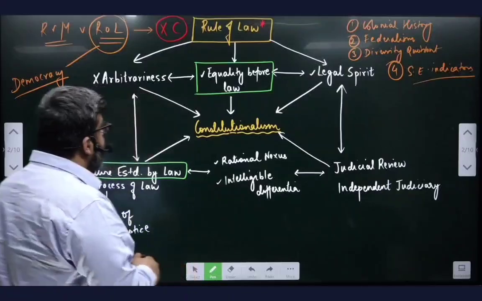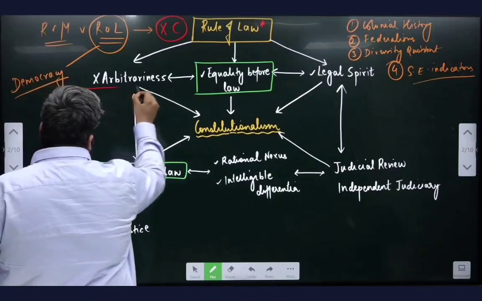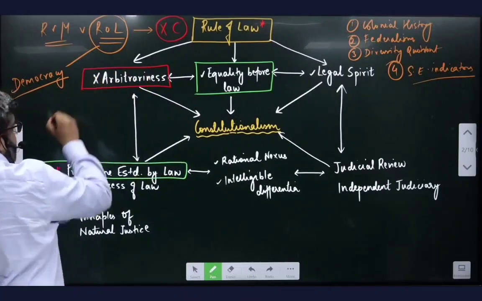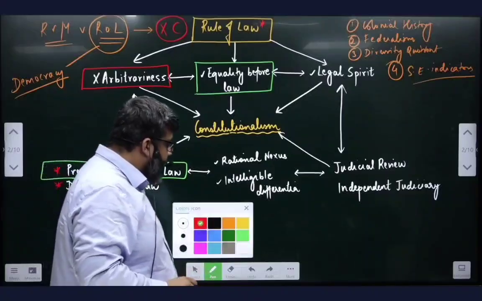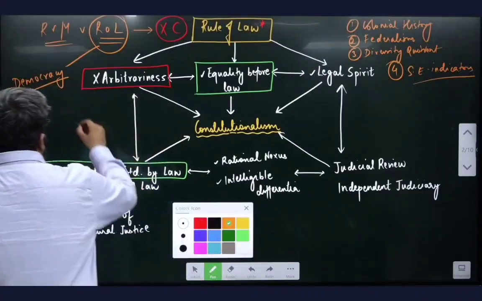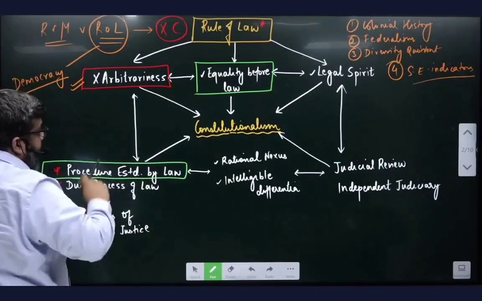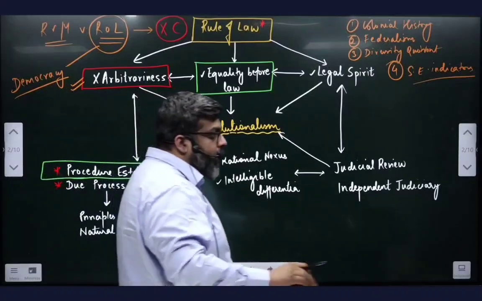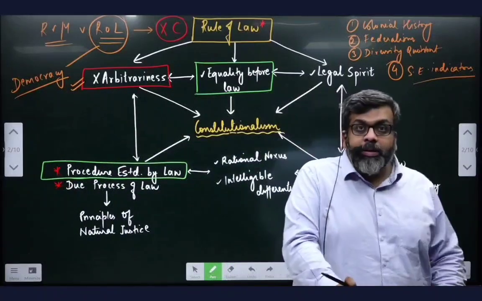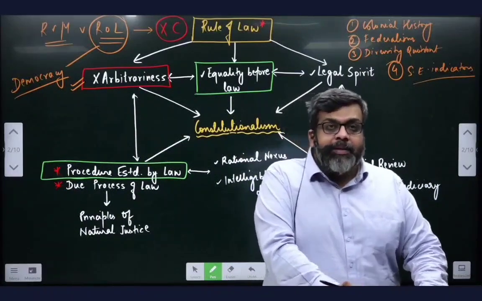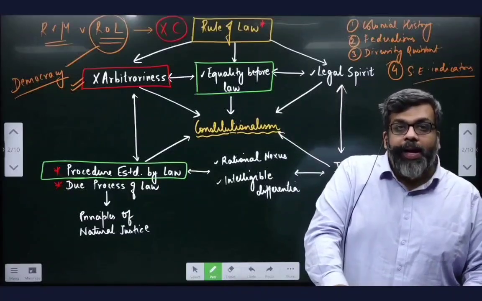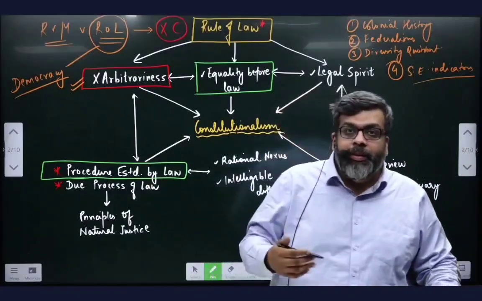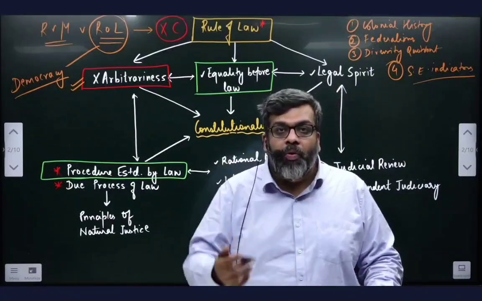The first of it is called the lack of arbitrariness, the absence of arbitrary power. It is the first and the most important rule of law. When we use the word arbitrary, arbitrary simply means when somebody is doing something on their own.